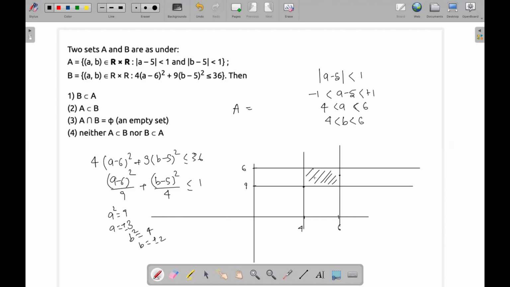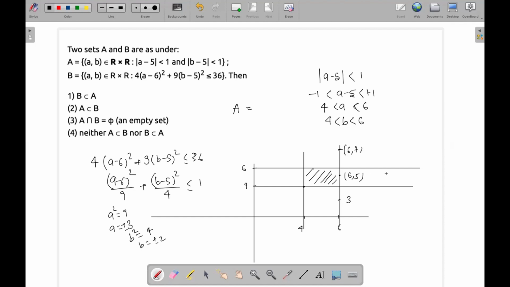So if I'm trying to draw an ellipse, then from 6 and 5, if you go 2 units down, you will get a point somewhere over here, right? And then if you go 2 units up, you will be somewhere over here, 6 and 7, right?